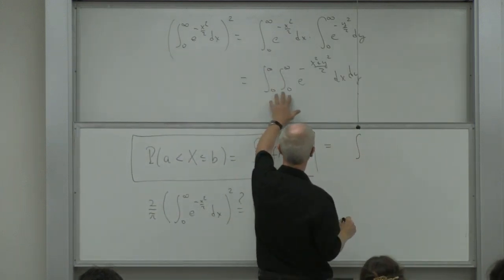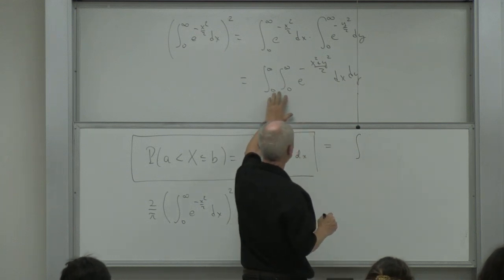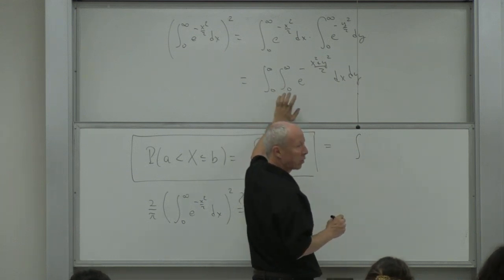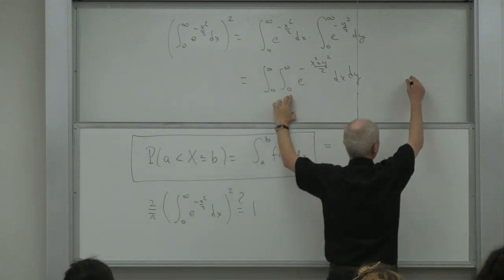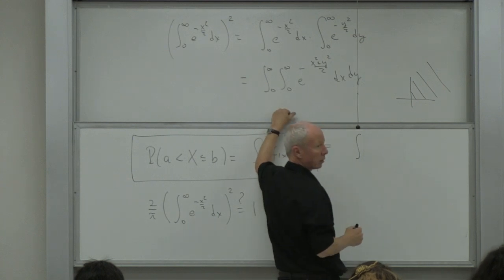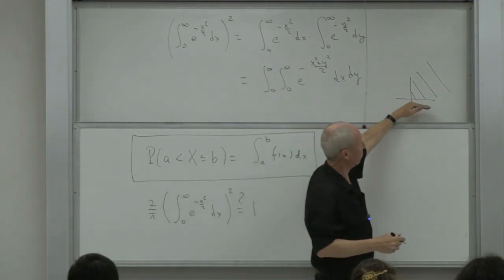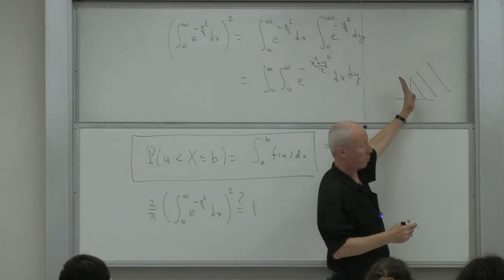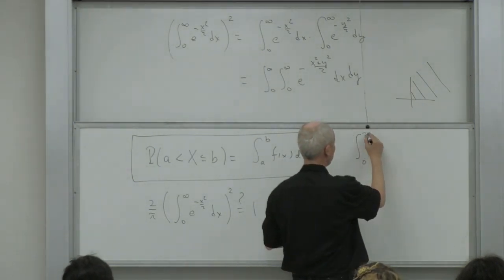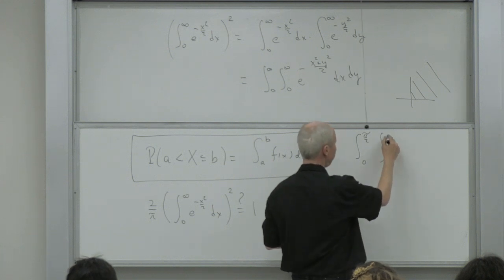So which part of two-dimensional space are we integrating over here? X goes from 0 to infinity, y goes from 0 to infinity. That's the first quadrant, right? And how can you describe the first quadrant in polar coordinates? Theta goes from 0 to pi over 2. R goes from 0 to infinity.